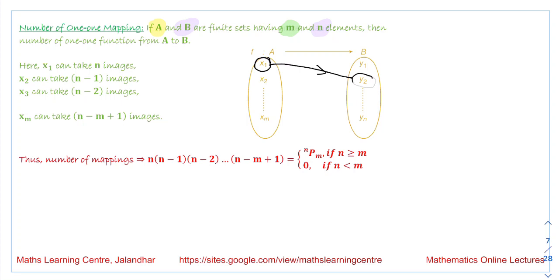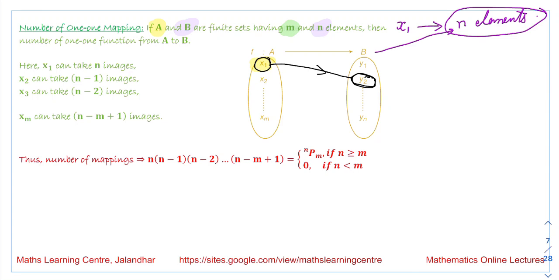Suppose this y2 is the image of this x1, then the pre-image of this y2 is only x1; there is no other element which can be mapped to y2. So if we have to count the number of ways in which we can do this, x1 can be mapped to n elements because the set B has n elements.